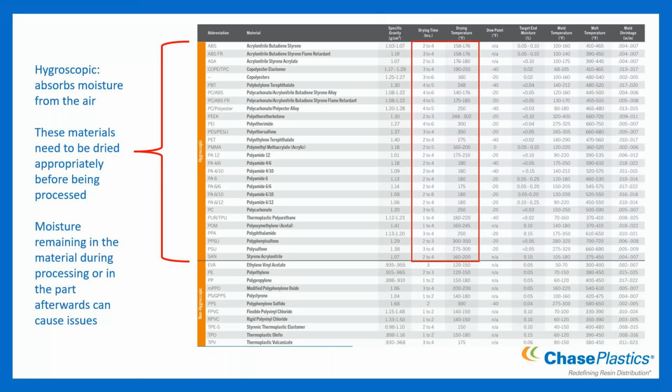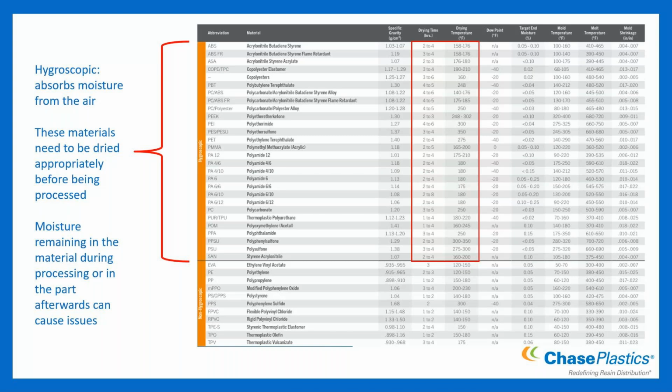The most common ones in here are your nylons. They're the ones most commonly affected by this. They pick up moisture nicely. But a lot of other materials as well: ABS, polycarbonate. If you've run polycarbonate that wasn't dry, maybe you're getting the splay and the little bubbles throughout the clear part. Your nylon, you'll get your splay, and I have a picture on the next slide to show that.